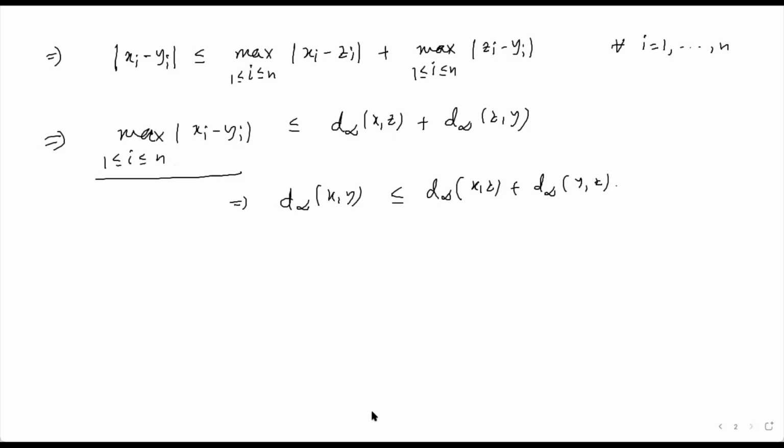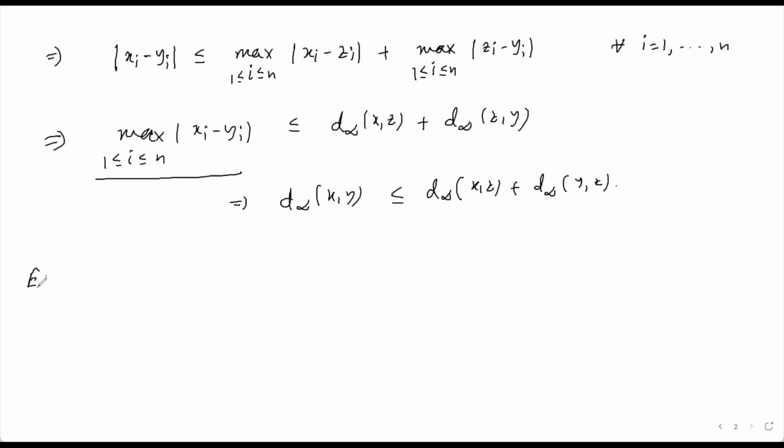Now we give another example where the underlying set is the same, that is Rn, and that is we will define another metric on Rn.